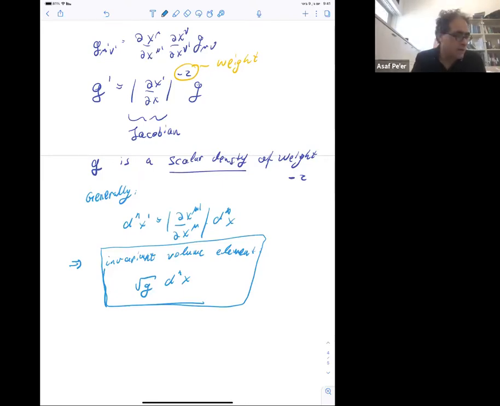So that's the mathematical way of generalizing things which you might have seen in previous courses to any coordinate system that you wish. Okay, this is as far as we did last time.